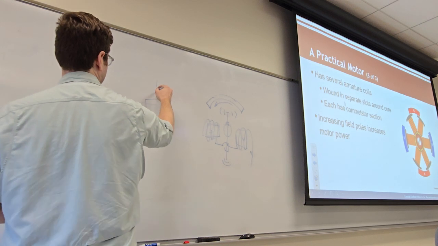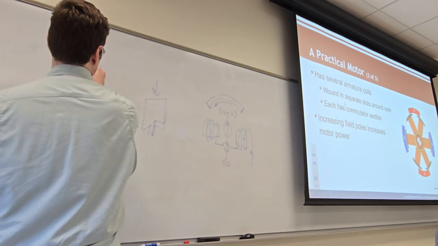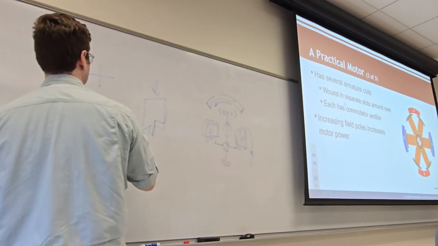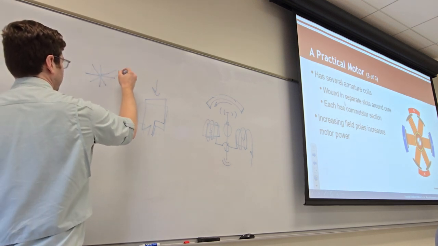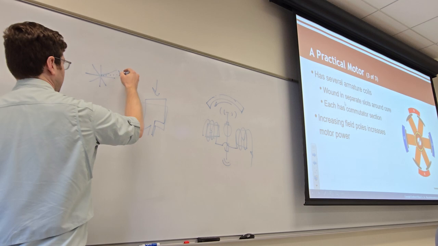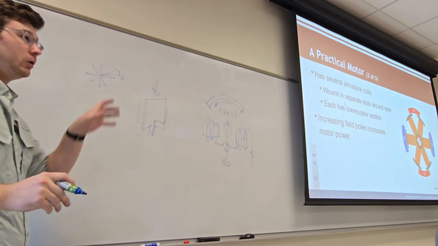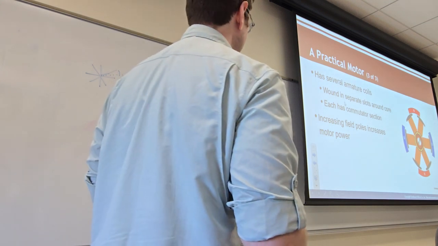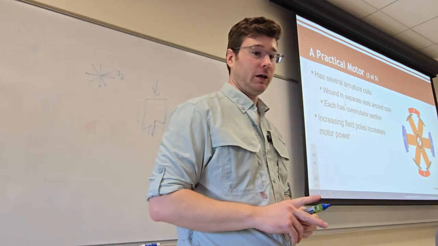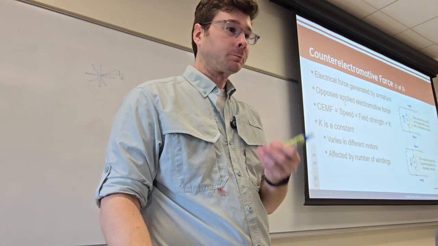If we look at this from the top down, one coil goes this way, one coil goes this way, and you can add even more coils. It just means that when you're in a certain position in your rotation, you're not very weak. The motor can still kick over. You still have some coil within that field that's seeing a good amount of strength on it, okay?